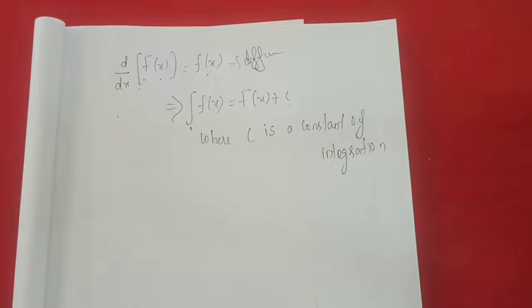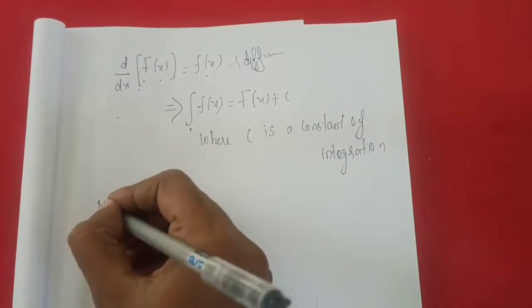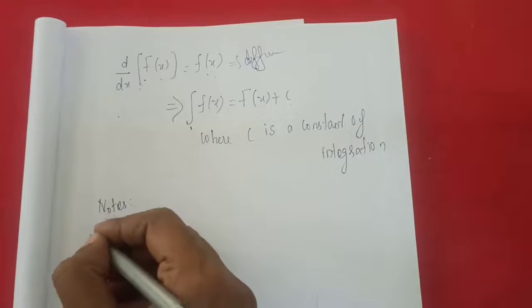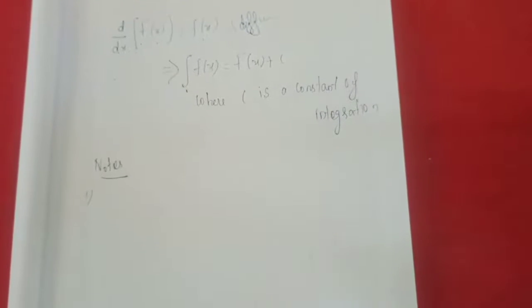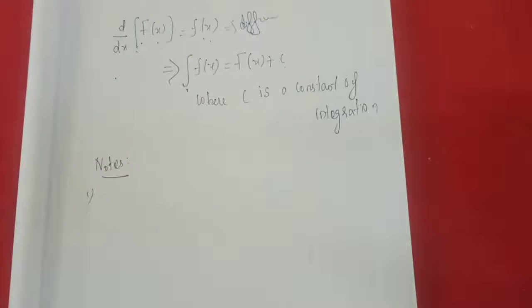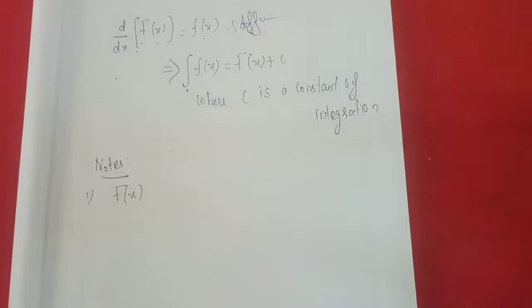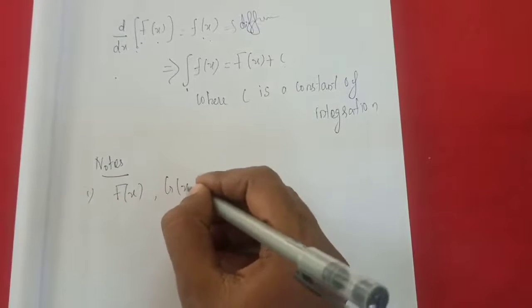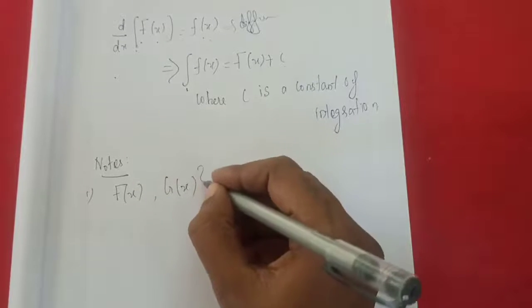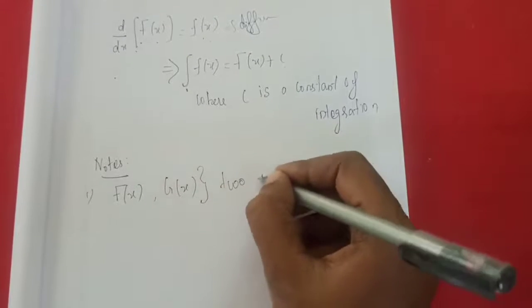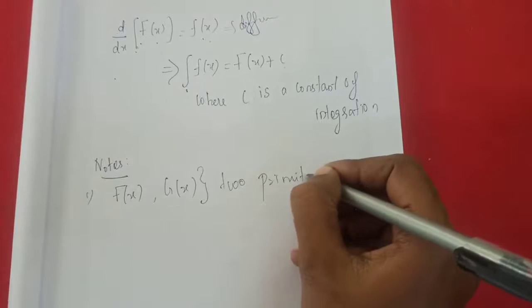Understand, students? Now, I am going to explain some basic notes. So, first note is, if two different primitive functions, f of x be one primitive function and g of x be another, so these two are primitive functions.